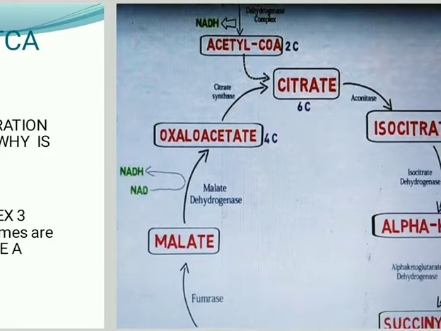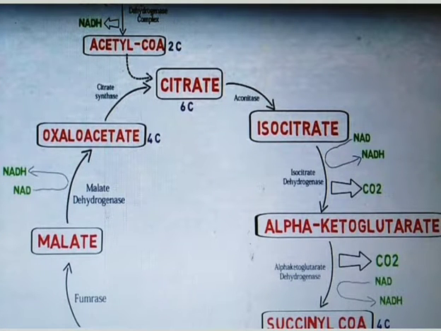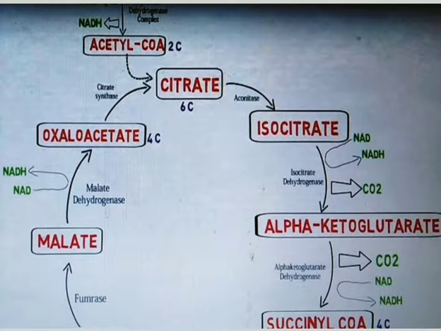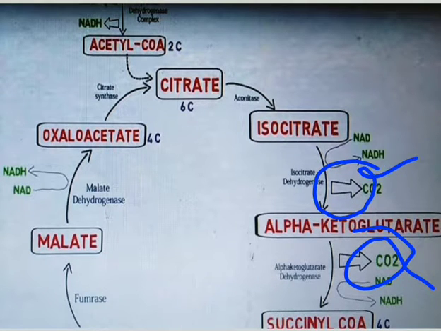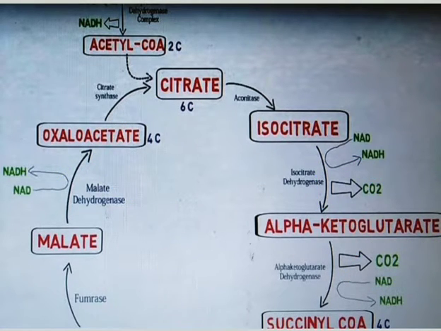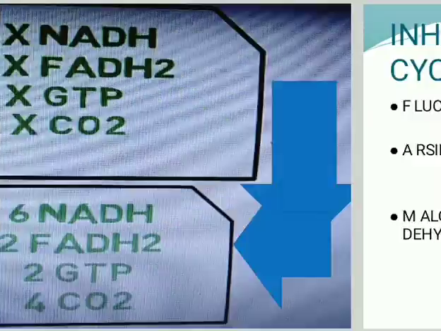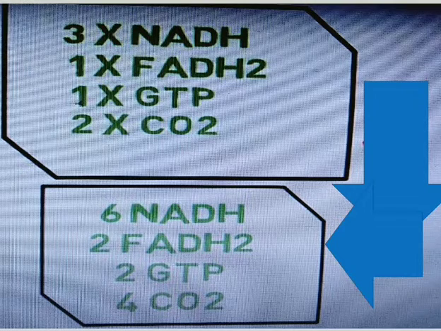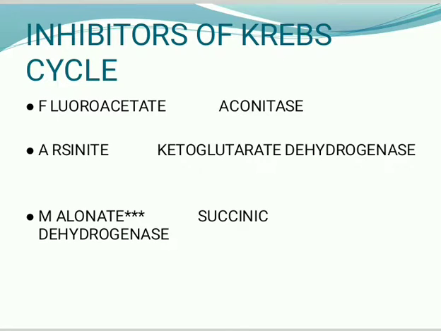Here it is a 6 carbon compound, but a molecule of carbon dioxide is released here and here also, so 2 carbons are removed, and the 4 carbon compound is formed at the end. So 2 molecules of carbon dioxide are released.